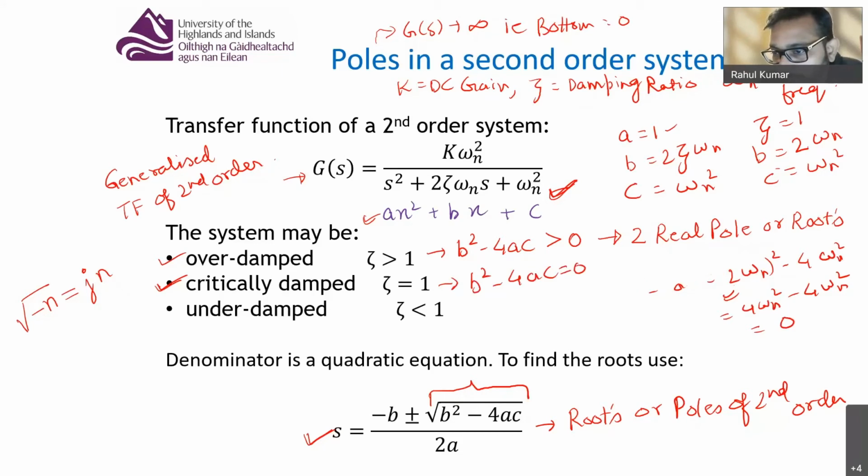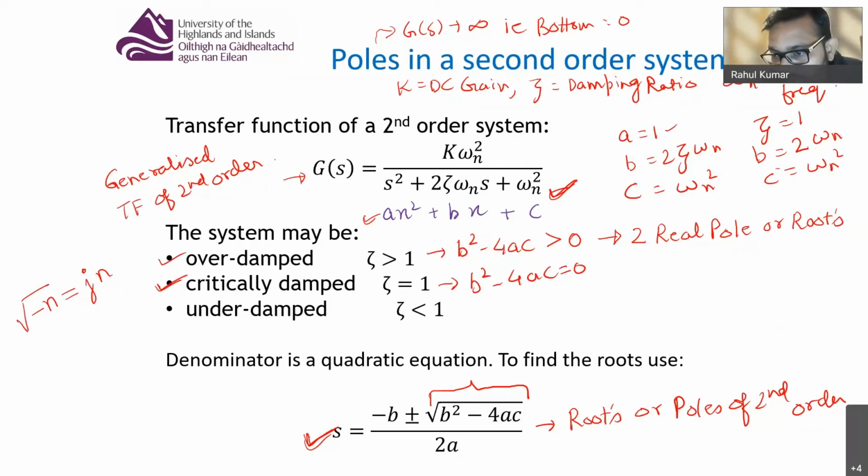Okay, that means if we look at the formula, minus b plus minus square root of b square minus 4ac. In this case, the square root of b square minus 4ac is 0.